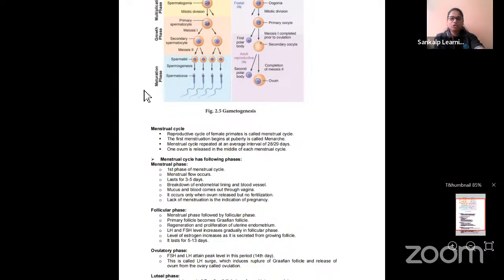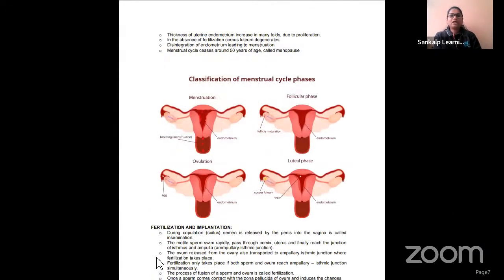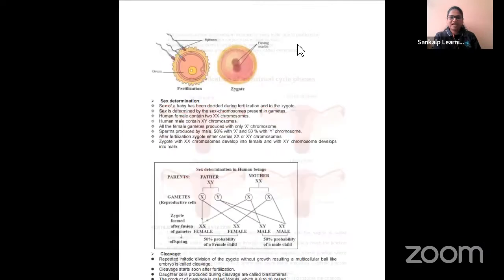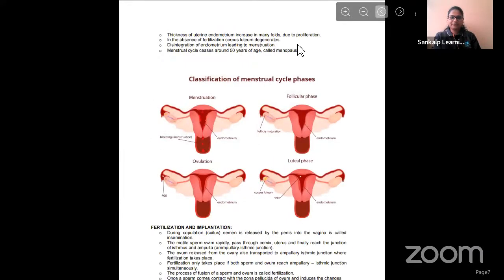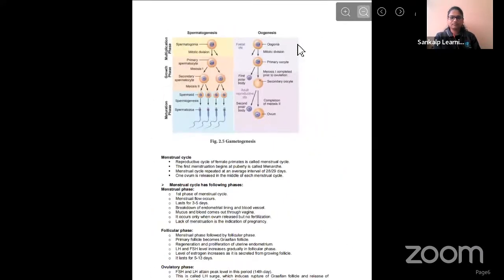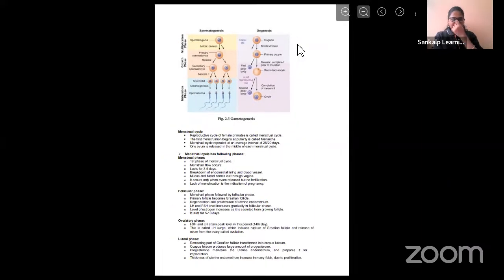Next we have the luteal phase. What happens in the luteal phase? The remains of the Graafian follicle will be converted into the corpus luteum. Corpus luteum will secrete progesterone.